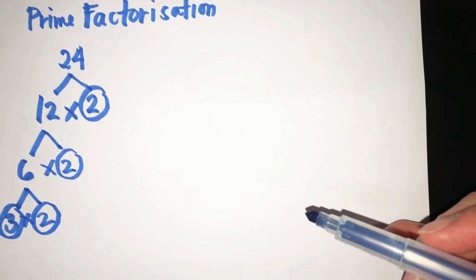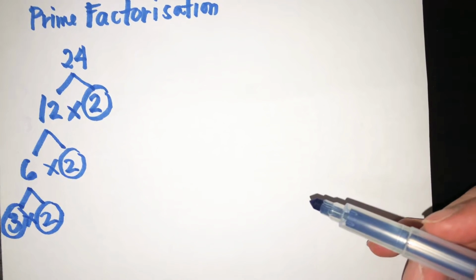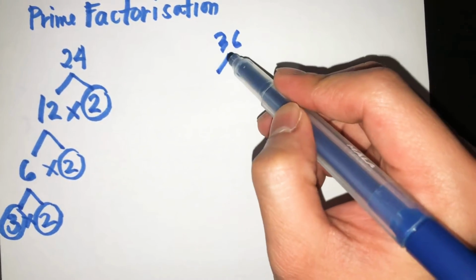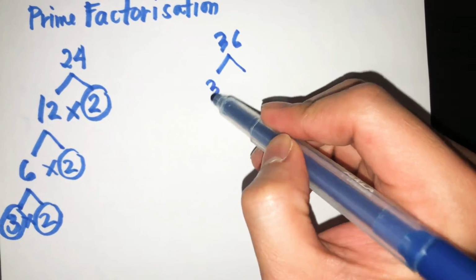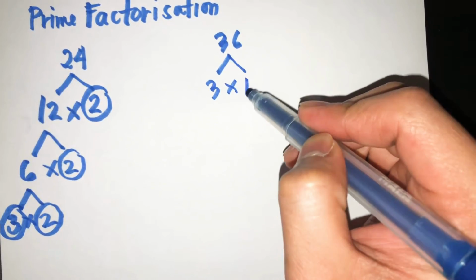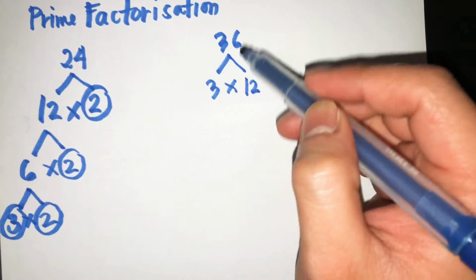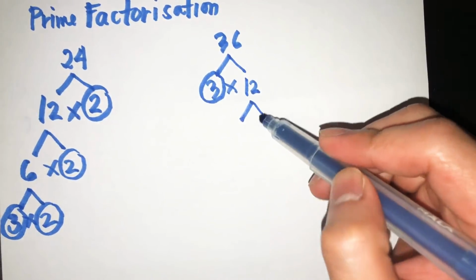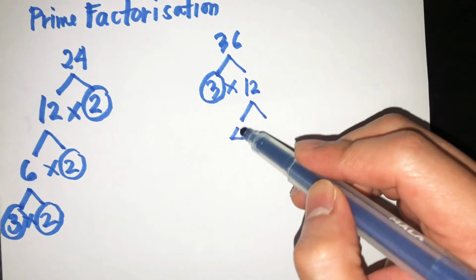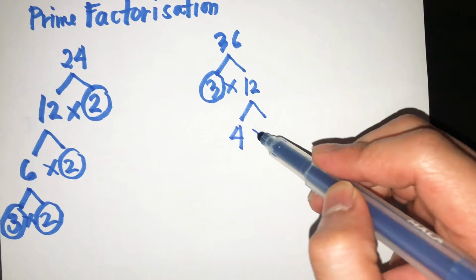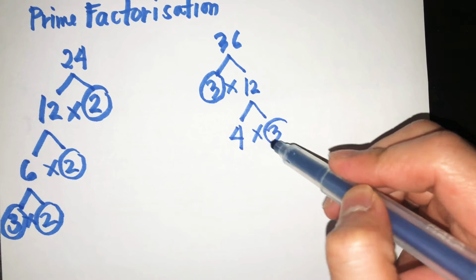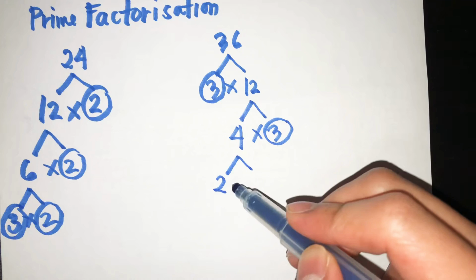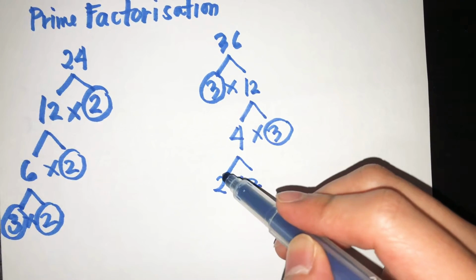Then, for 36, we can have 3 times 12. So 3 is already a prime number. Then we have 4 times 3, 3 is a prime number. Then we have 2 times 2.